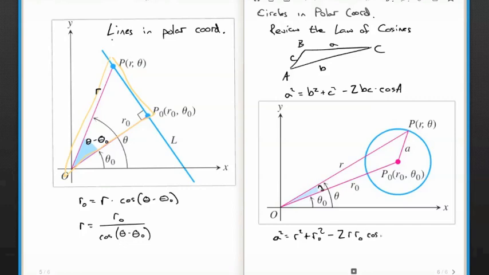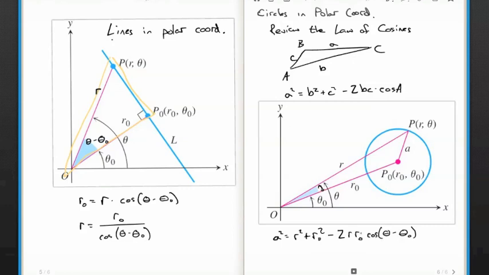So cosine of theta minus theta naught. Via some algebra, we could shuffle this around and solve for r, but for now I'm just going to leave it in this shape.